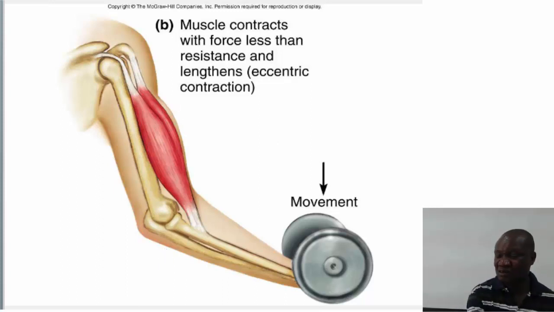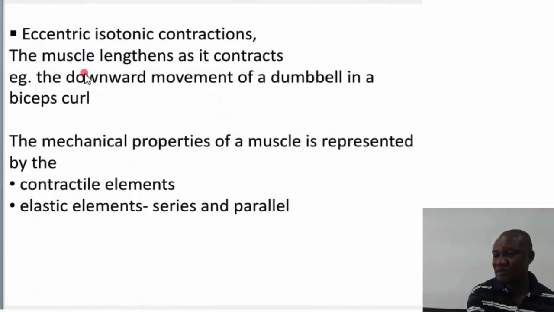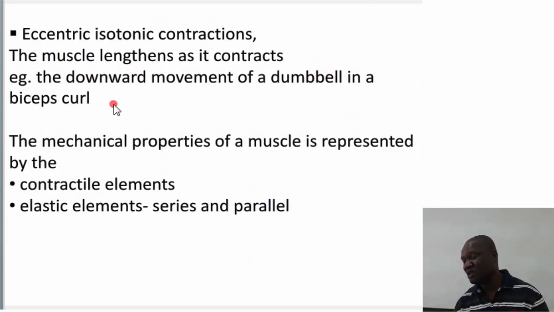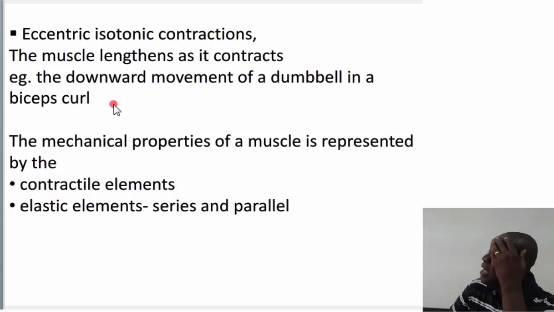It's when we release, the downward movement of the dumbbell in the bicep curl, the muscle lengthens instead of shortening. So in concentric isotonic, the muscle shortens, and in eccentric isotonic, the muscle lengthens.